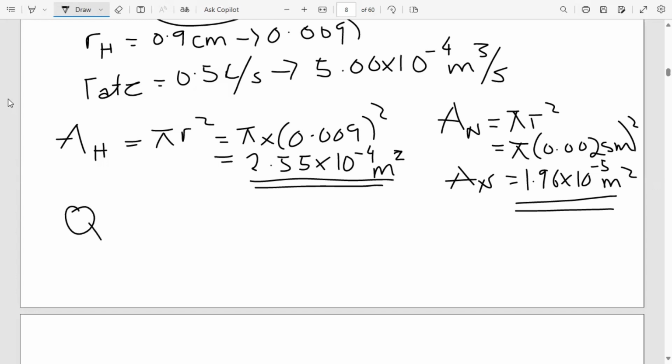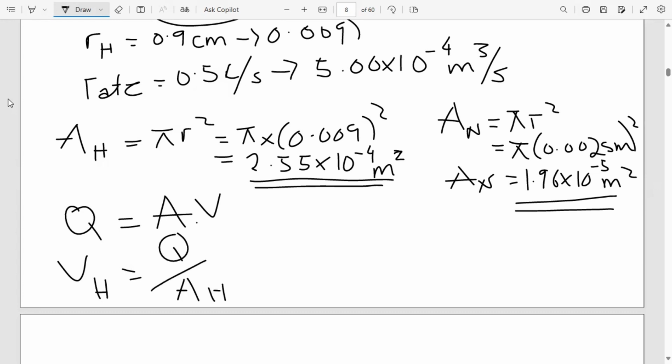The principle of continuity says Q is equal to area multiplied by velocity. So velocity in the holes will be equal to Q divided by area of the holes, whilst velocity in the nozzle will be equal to Q over area of the nozzle, like this.